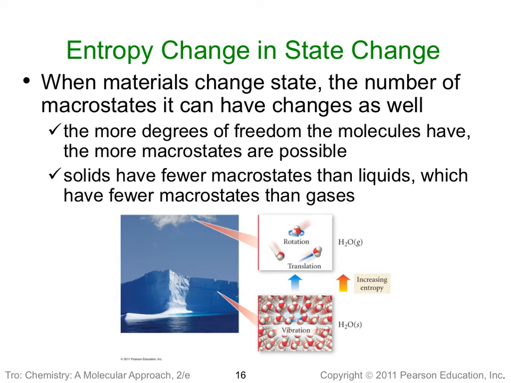So revisiting this macro state thing. With a change of state, the number of macro states it can have changes, and so the more degrees of freedom, the more the molecules can move, the more macro states are possible. Solids have fewer macro states because they're in a more fixed position, liquids have more macro states, and gases have even more.